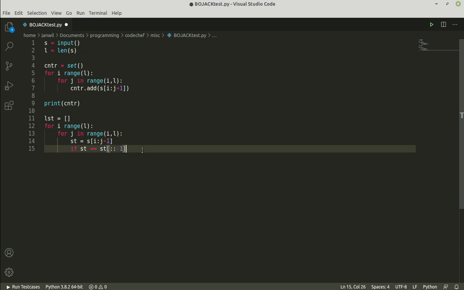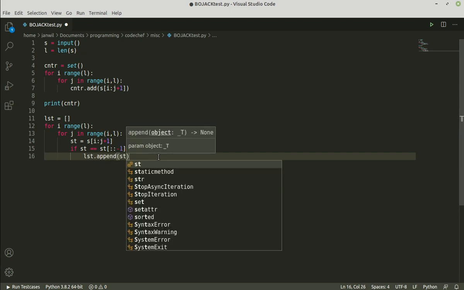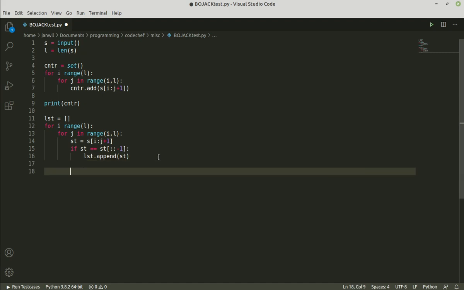Then this basically means that we go through all the string. So this equality checks whether we have a palindrome, and if we do, we append this string to the list, and we're done.